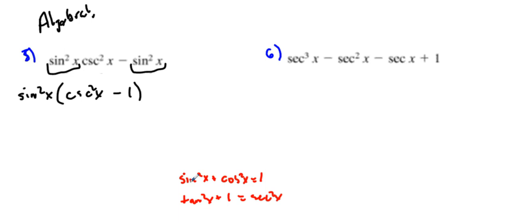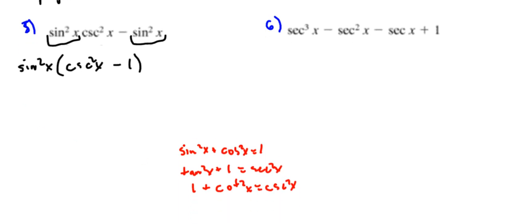That's another fundamental trig identity. I'm dividing by each one of these, and that's how I remember them. If you divide by sine squared, I'll have 1 plus cosine over sine, which is cotangent squared of x, equals cosecant squared of x, and we have that right there.